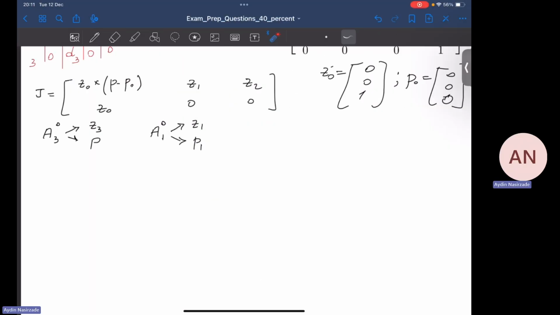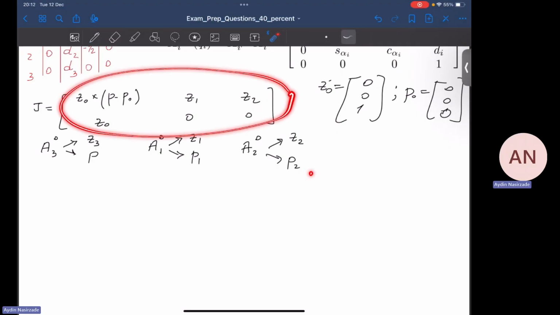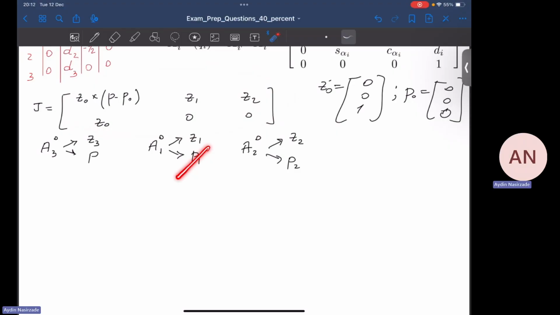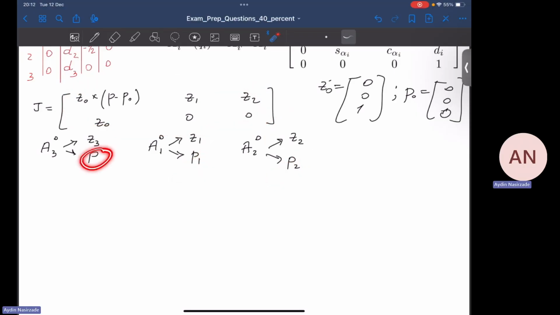What else? Z2 can be found from A2 to 0. It gives me the vector Z2 that I'm going to need here, and P2, which is not needed for this particular matrix. I can find this information, but I don't need it because we don't see it here. I'll need P, Z1, and Z2.